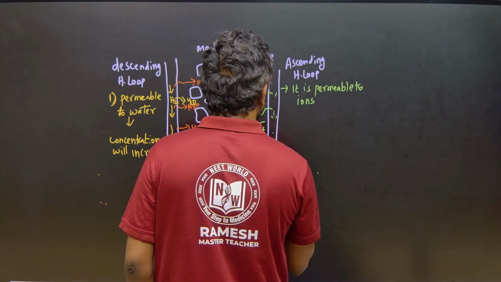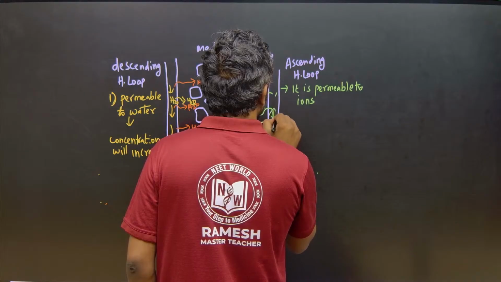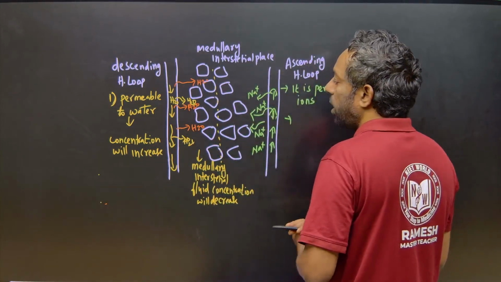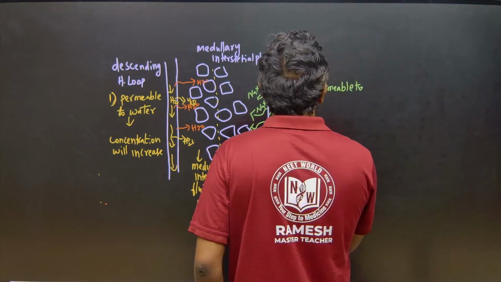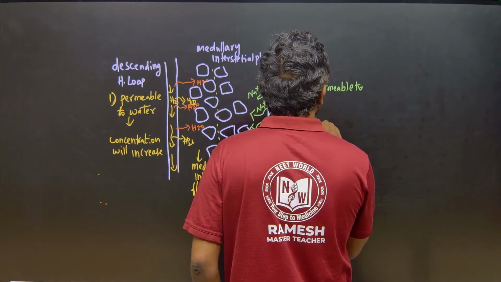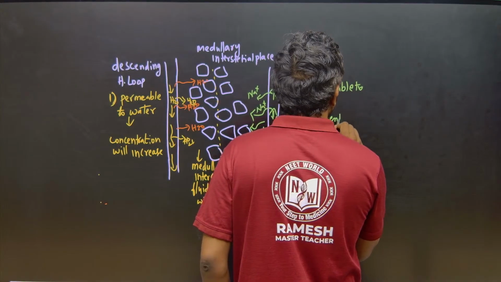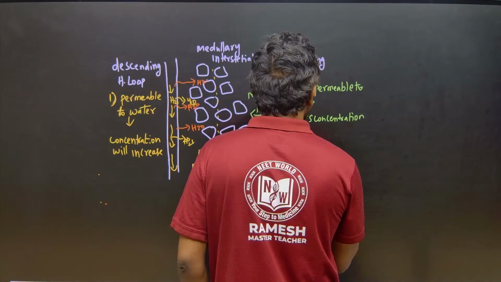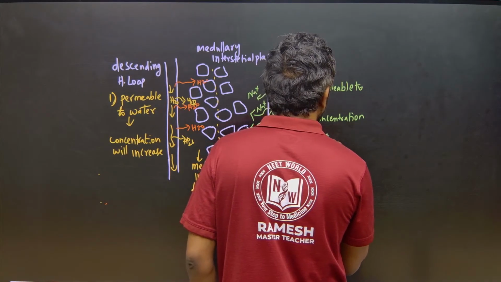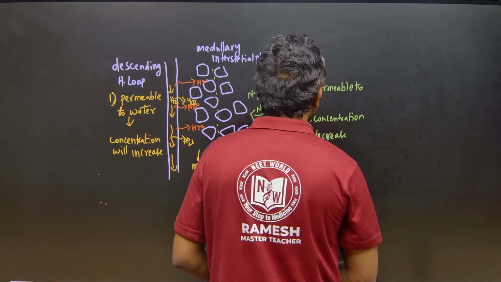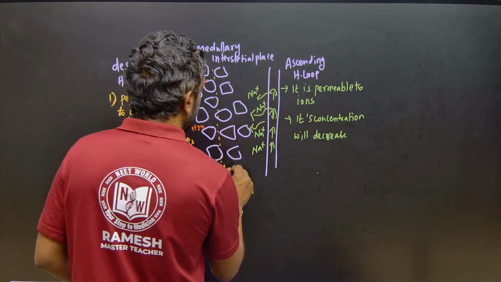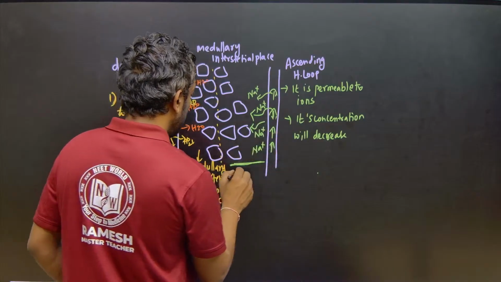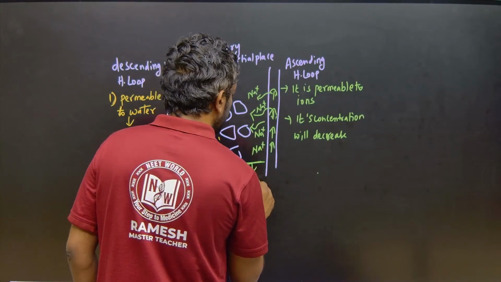Ascending Henle limb. Okay. So in the ascending Henle limb, its concentration will decrease. In this condition, this is the medullary interstitial fluid at this side. Okay. Concentration will increase.